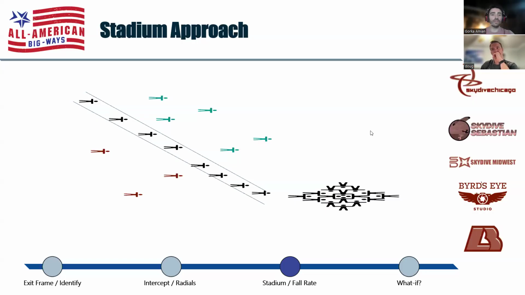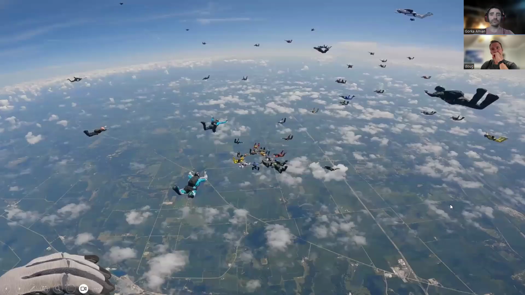Great. We also have a couple of pictures to show. Here are some good examples. This person in teal has a pretty good stadium approach. The person in black to their left is also pretty good. The person up in white, in the top corner, would be high in the stadium. We would want them to be lower.